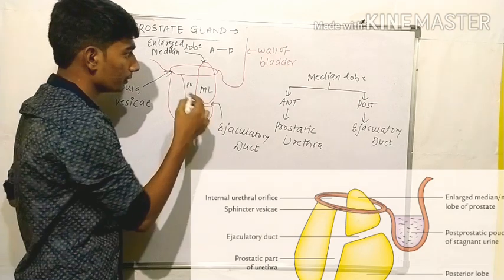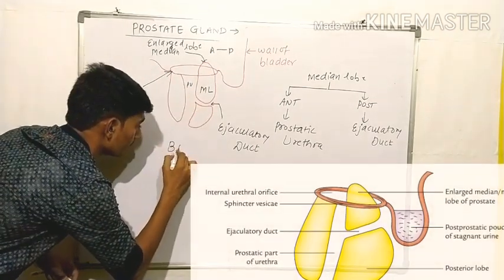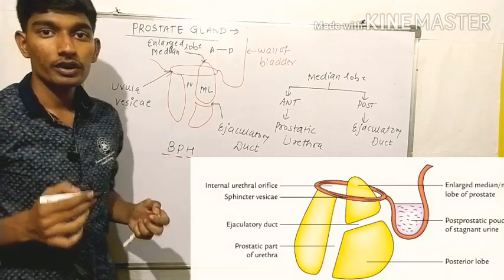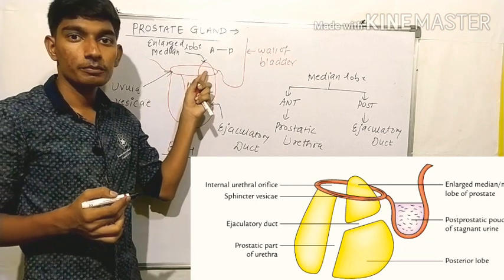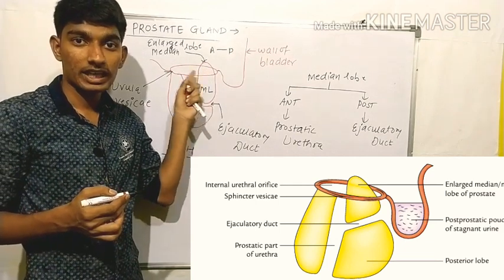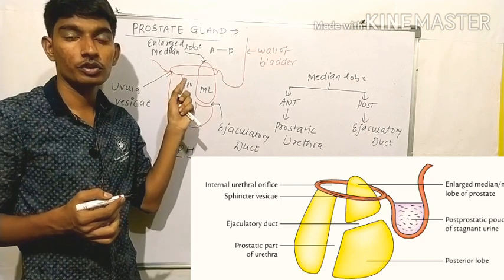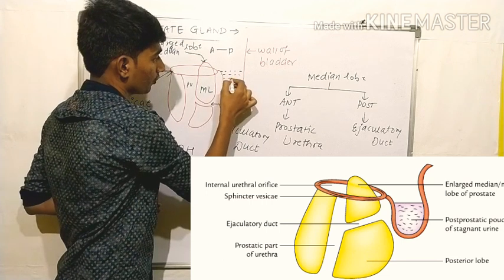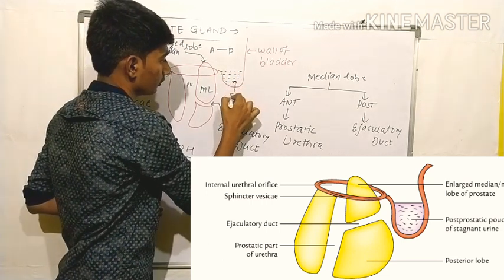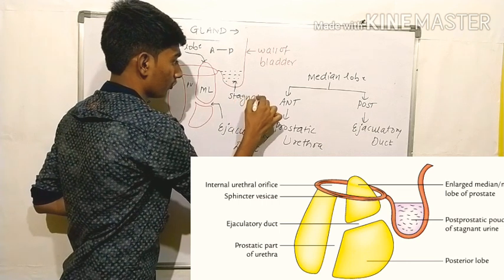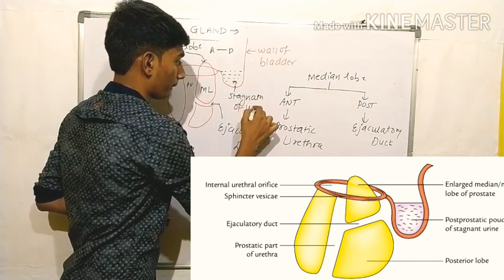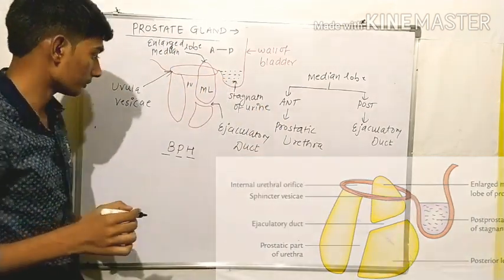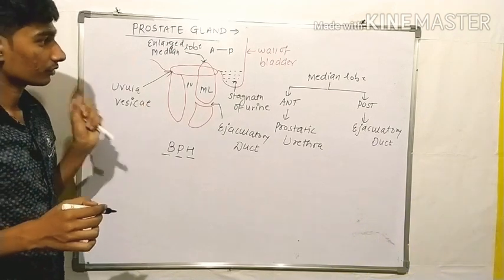And in case of BPH, benign prostatic hypertrophy, due to enlarged median lobe, or enlarged uvula vesicae, there is a stagnation of urine. This is very important. This diagram is given in your Vishram Singh. This is the concept.